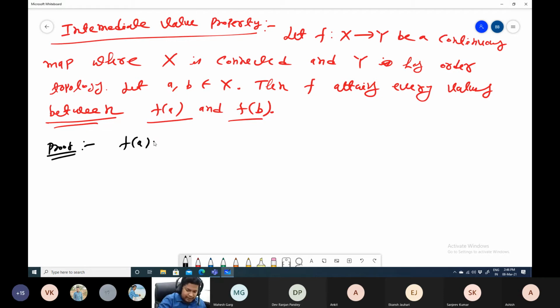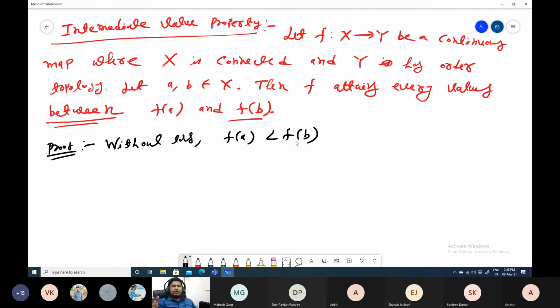So if f(a) equal to some r. First, without loss of generality, we can take that f(a) is less than f(b), because if f(a) equals f(b), then there is nothing to prove, right?